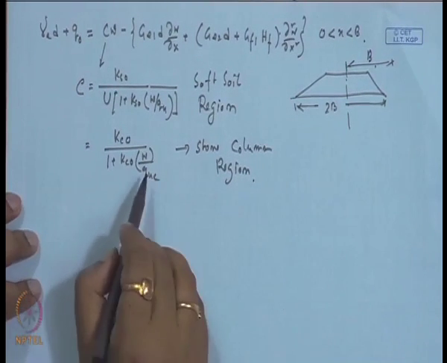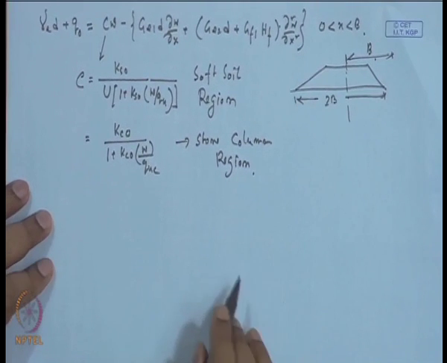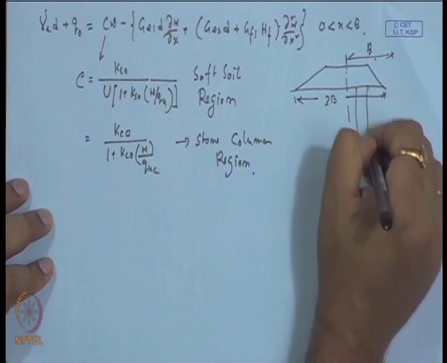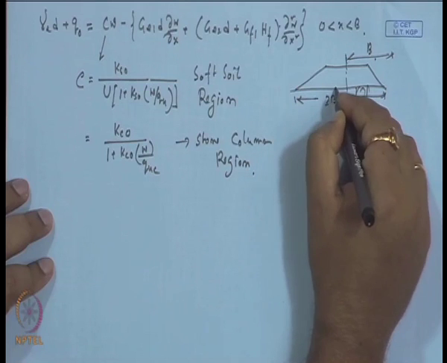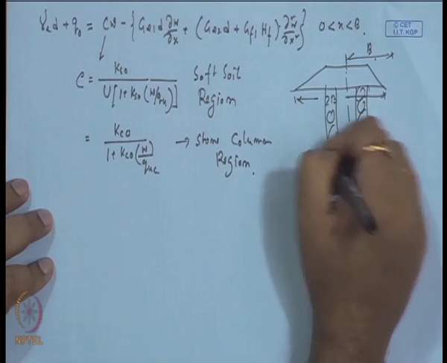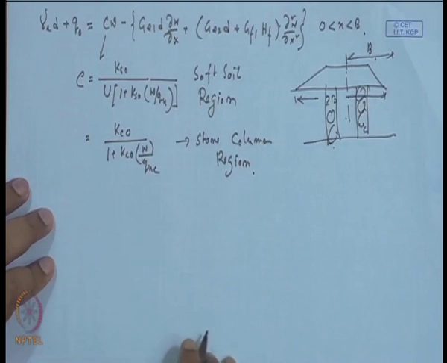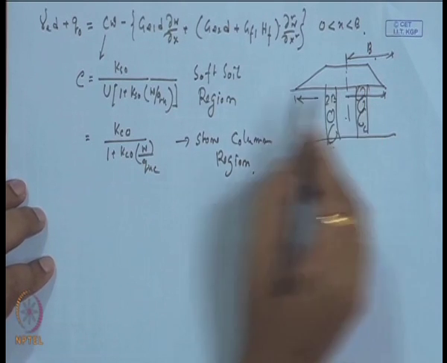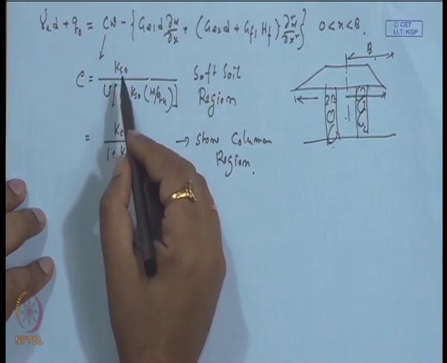Because here we have two separate regions, one within the stone column region and another in between the stone columns, the soft soil region. In the soft soil region, the degree of consolidation will play a very major role.